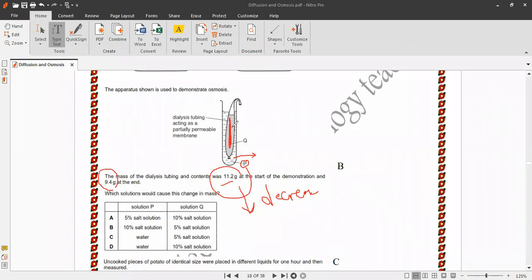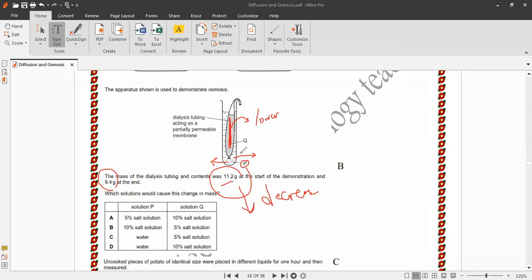The salt concentration inside the Q is lower than the concentration of salt solution in B. So the water moves from inside to the outside, because here lower concentration of salt and high concentration of water, so the mass decreases.